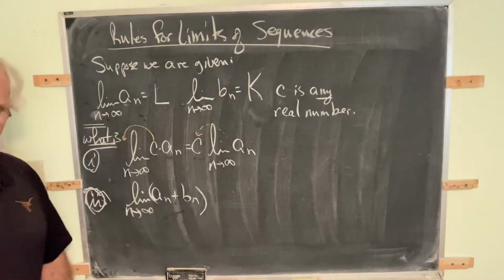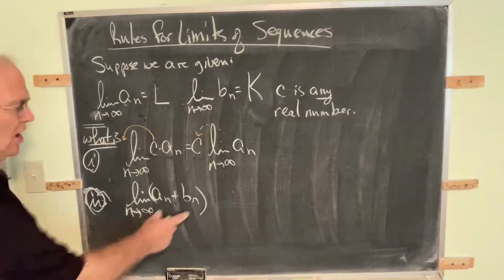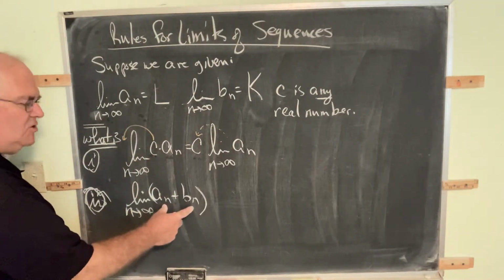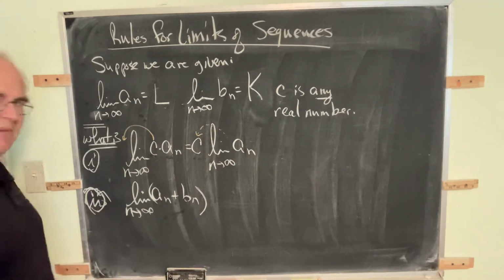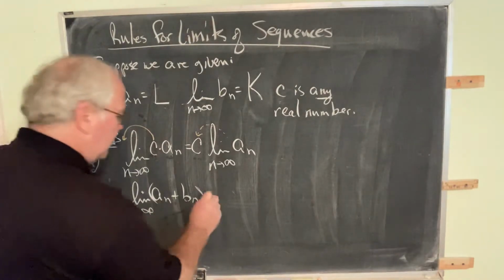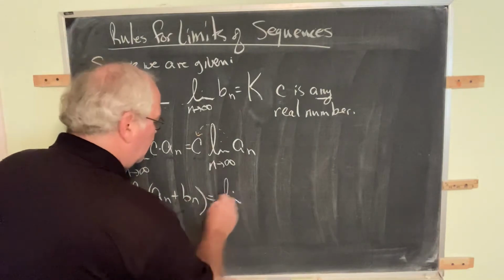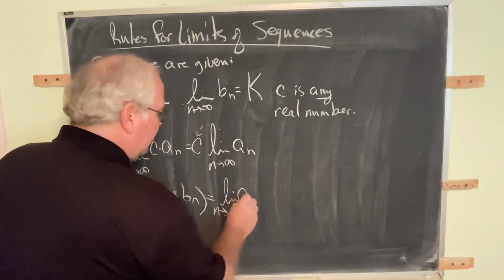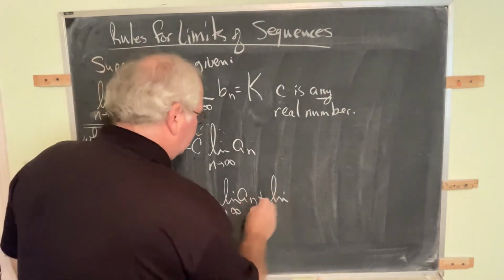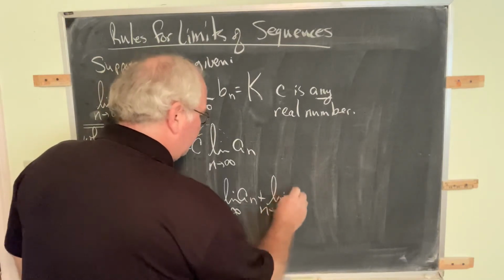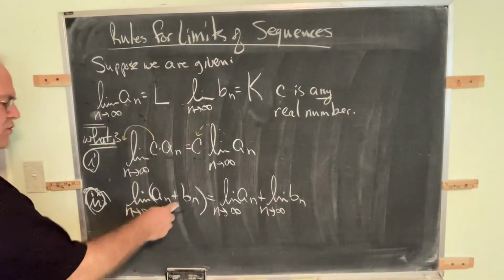The limit of the sum is the sum of the limits. Well, these are not ordinary, but they're functions. The limit of the sum should in fact be the sum of the limits. And so yes, indeed, we do have the property that the limit of A plus B is the limit of A plus the limit of B.